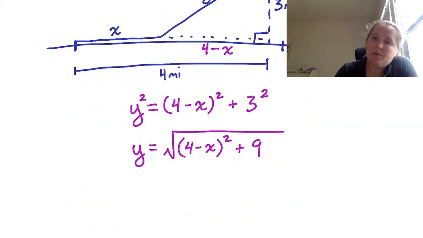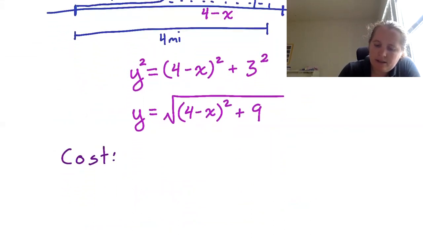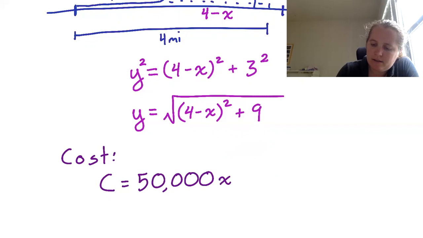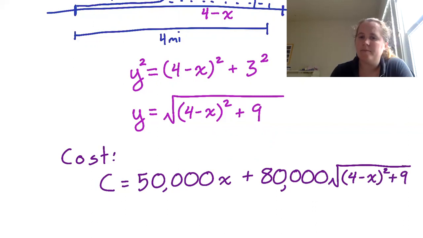So if we go back to our optimization problem, what we have then is our formula for cost. We have C is equal to 50,000 X plus 80,000 times the square root of (4 minus X) squared plus 9.